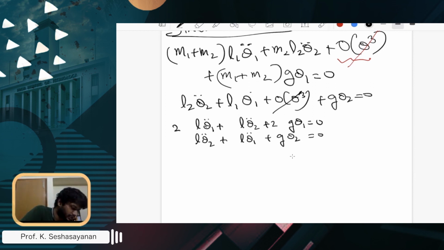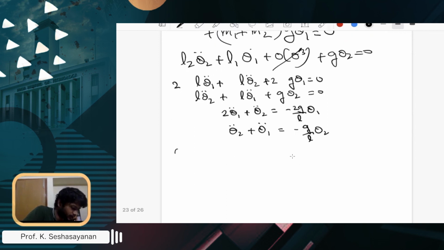And since it's a linear system of equations, just rearranging it, we can look at solutions for this linear system which are of the form theta 1 equal to a1 e power i omega t, and theta 2 equal to a2 e power i omega t.